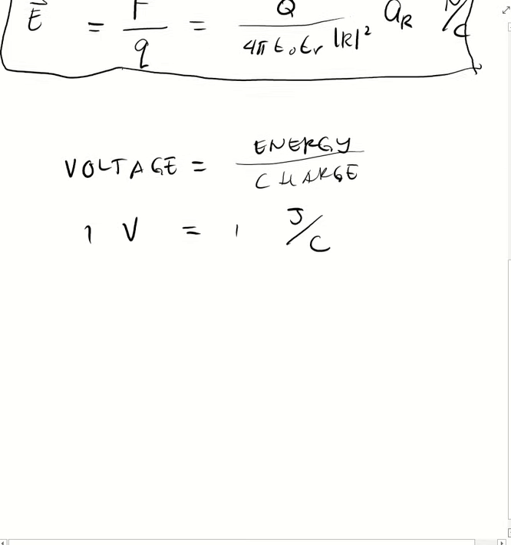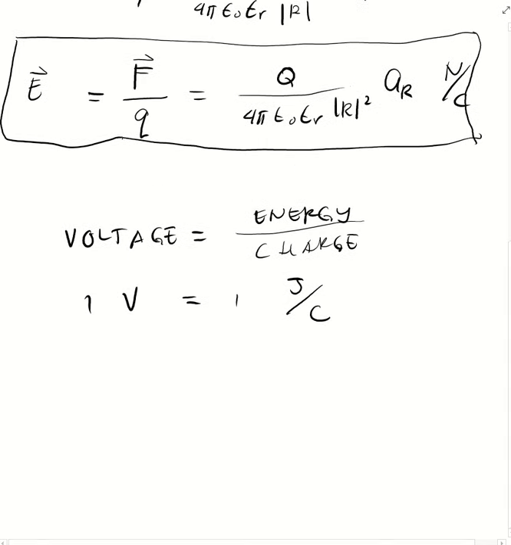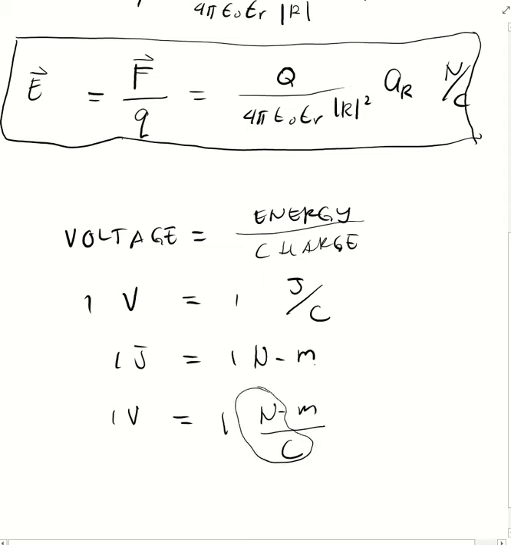Now, as we know from physics and mechanics, 1 joule is equivalent to 1 Newton meter. Therefore, 1 volt is equivalent to, changing that joules to Newton meter, 1 Newton meter per coulomb. And look at this, this is that Newton per coulomb here.